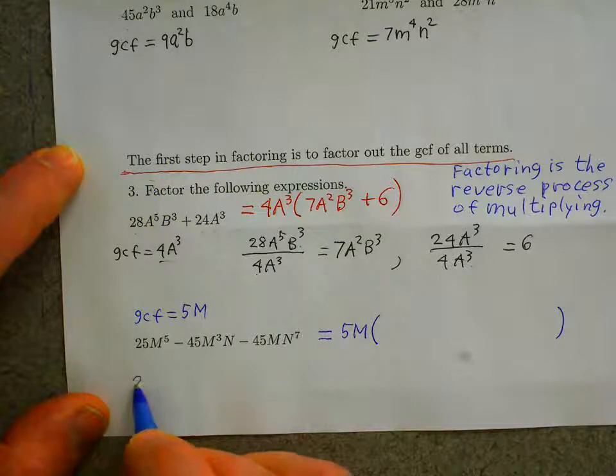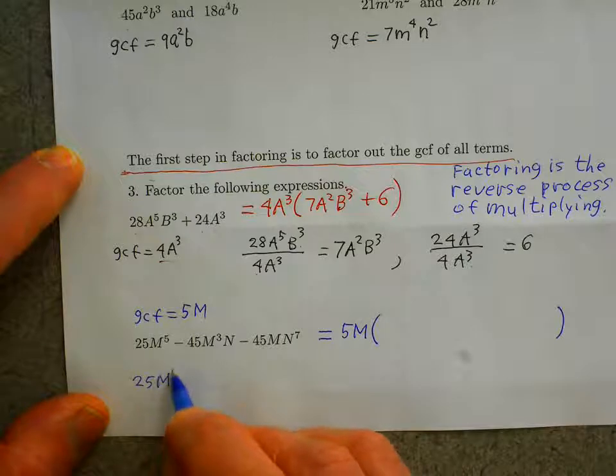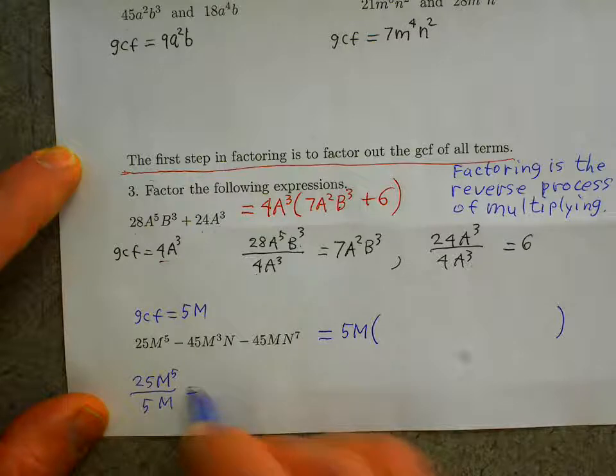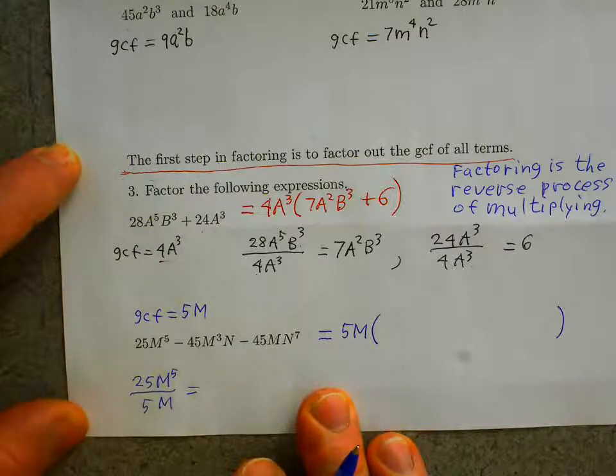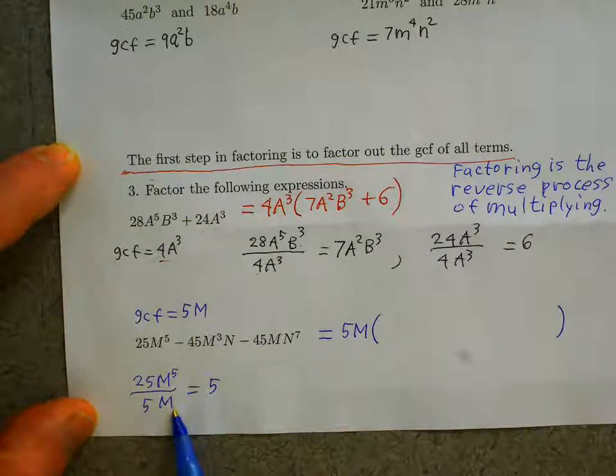If we divide 25m to the 5th by 5m, then 25 divided by 5 is 5. M to the 5th divided by m is how much? M to the 4th.